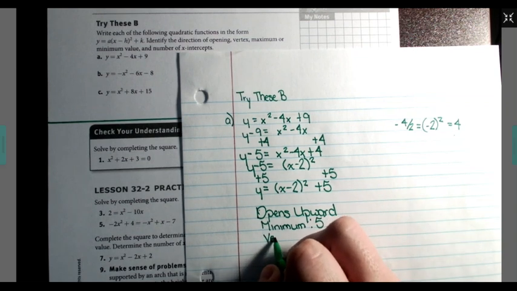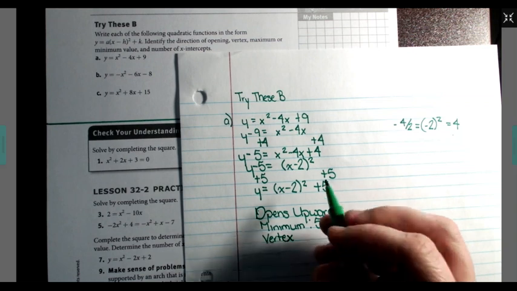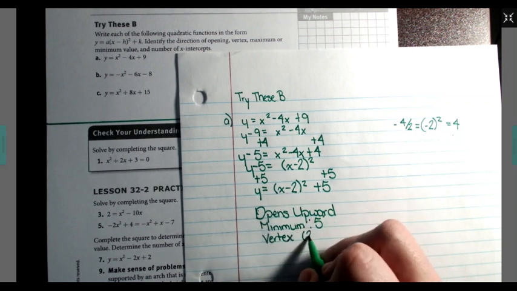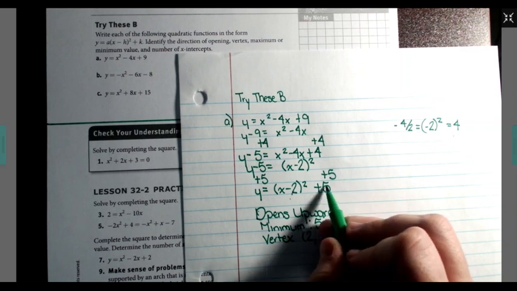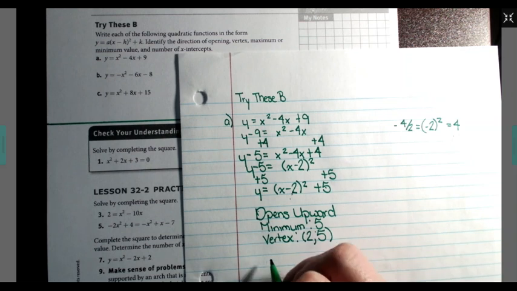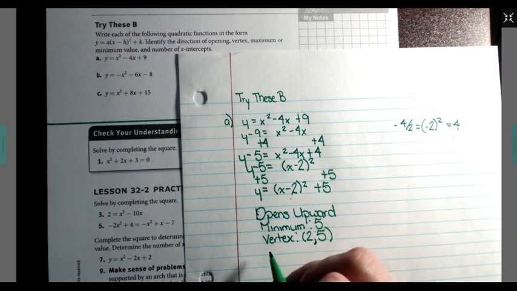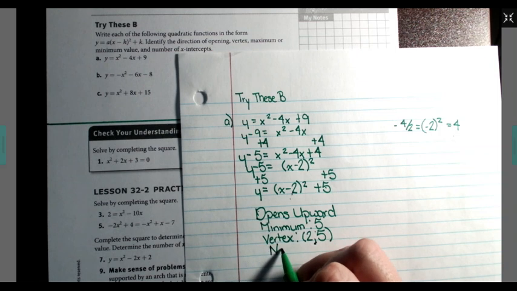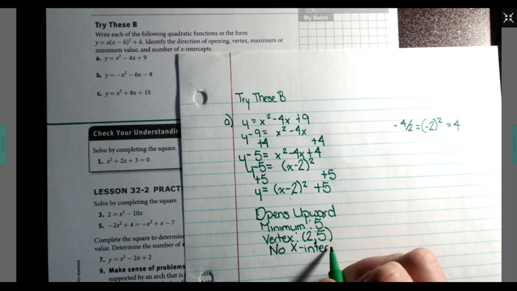My vertex is 2, the sign opposite, comma, this, so (2, 5). And because its minimum is at (2, 5), that means it won't actually cross the x-axis. So no x-intercepts.